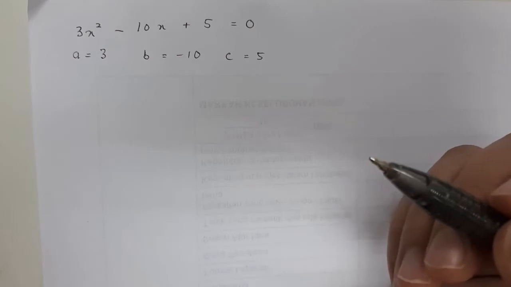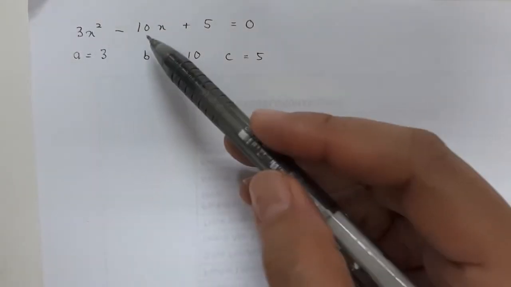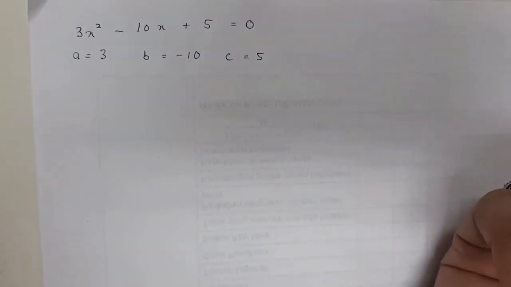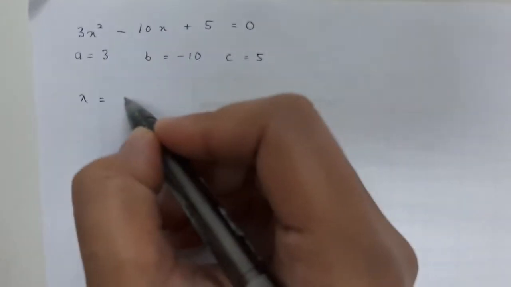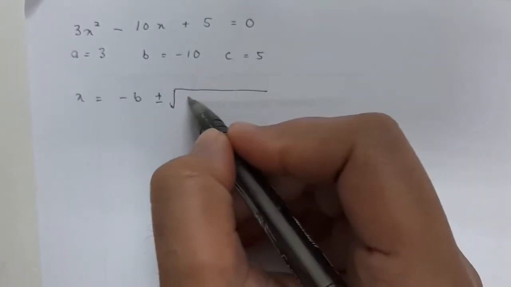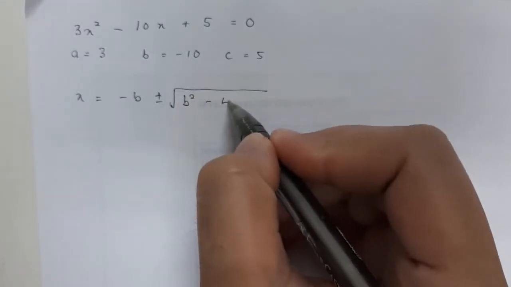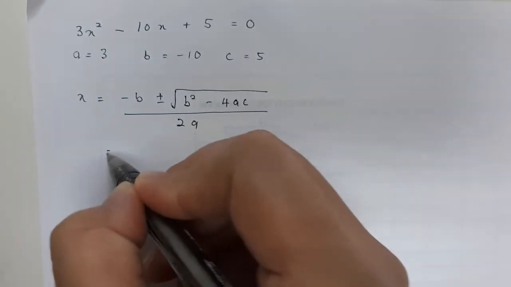So now let's proceed to solve this problem. We want to find values of x. Here we can also use quadratic formula. Quadratic formula, x equal negative b plus minus square root b square minus 4ac over 2a.